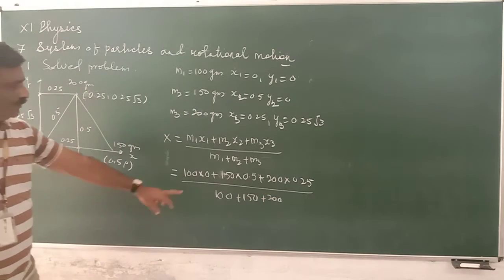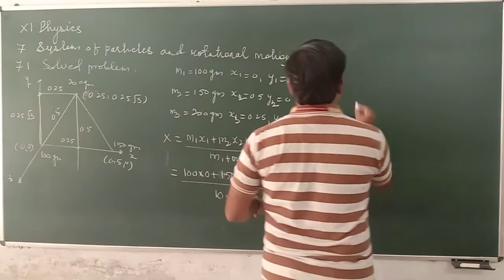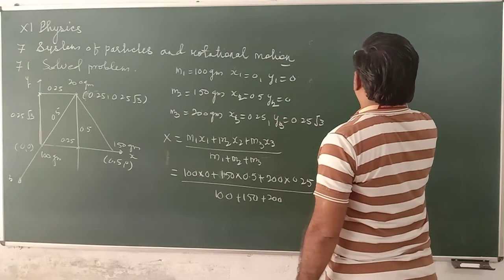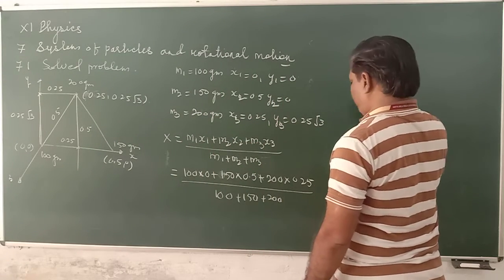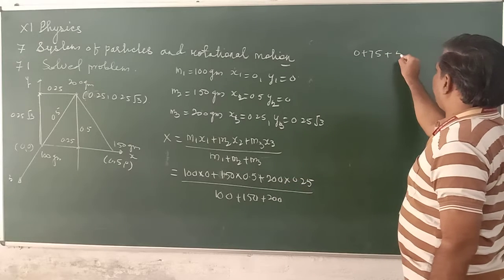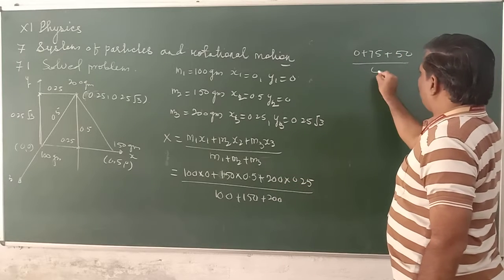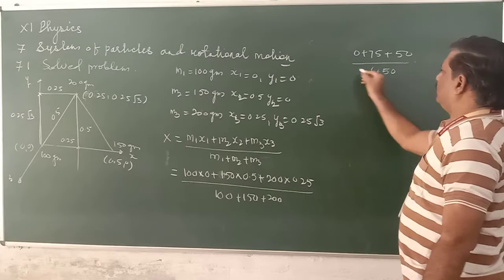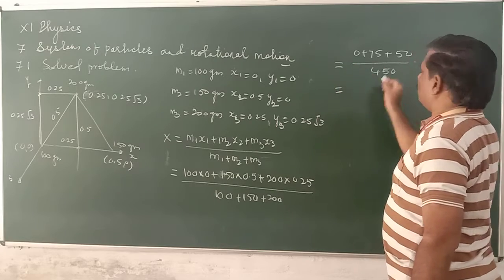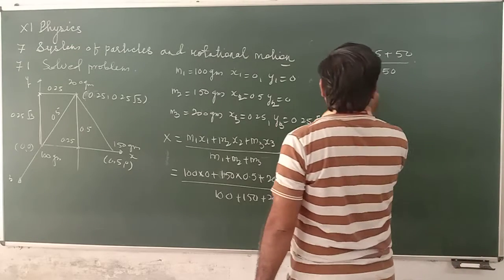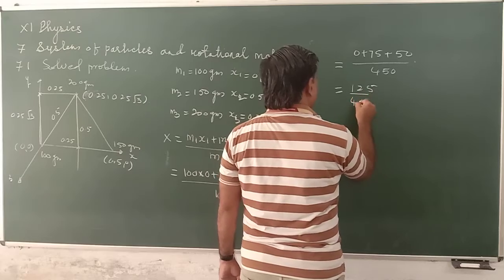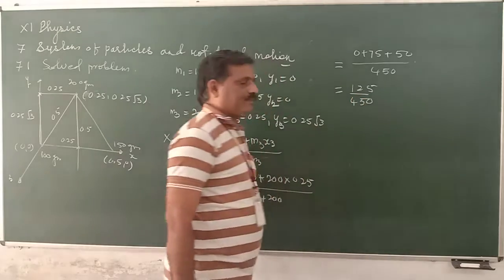Which will become 0 plus 75 plus 50 divided by 450, which is equal to 125 divided by 450.